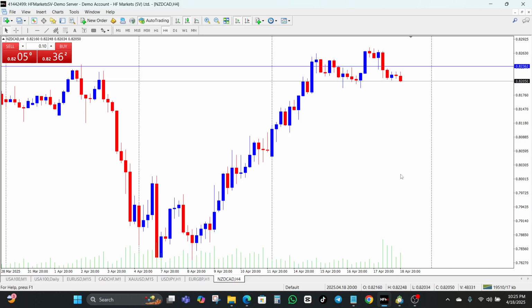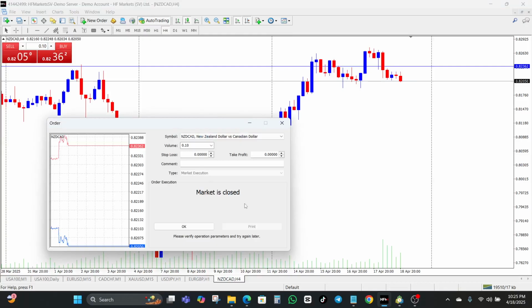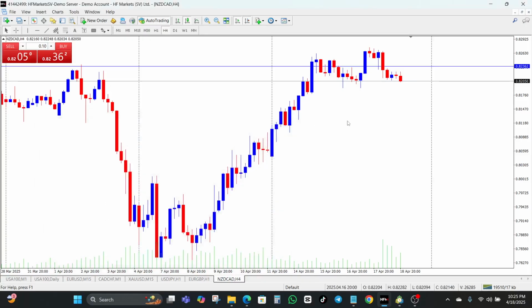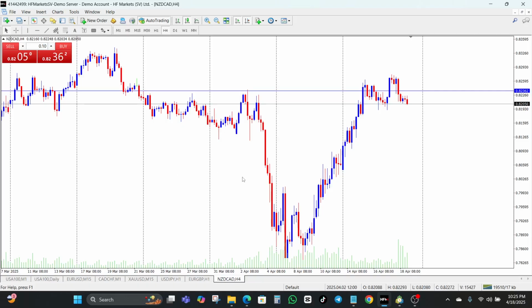A trailing stop is a type of dynamic stop loss that moves with the market in your favor. Instead of setting a fixed stop loss and forgetting about it, the trailing stop automatically adjusts your stop loss level when the price moves in the direction of the trade.